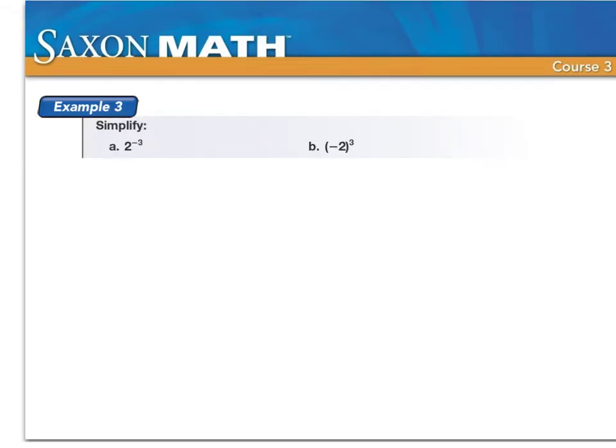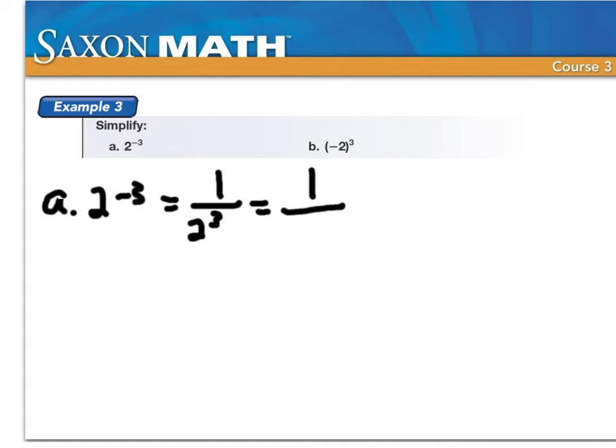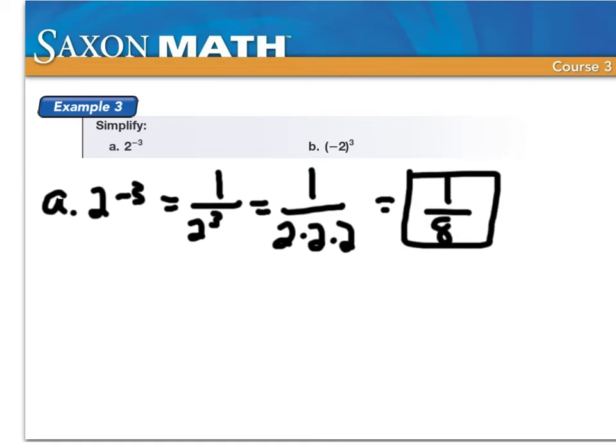Example 3 says we want to simplify 2 to the negative third power. Okay, so if I write 2 to the negative third power, remember that is equal to 1 over 2 to the positive third power, which is equal to 1 over 2 times 2 times 2, which is the same as 1/8.